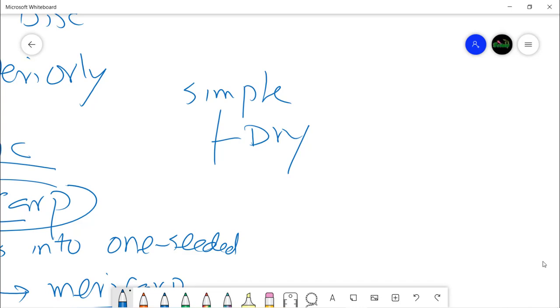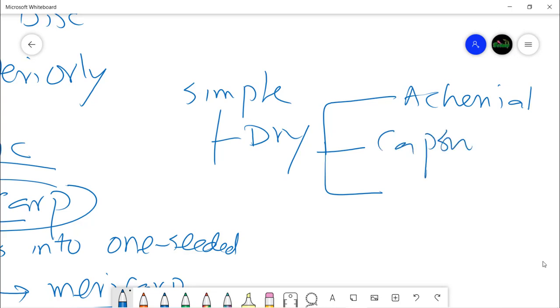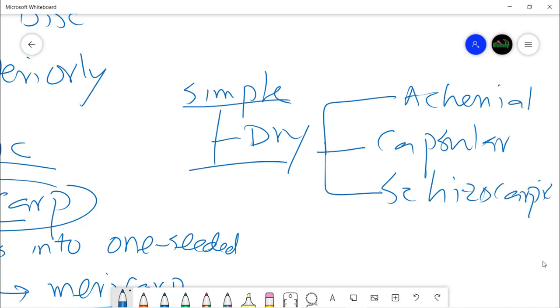So they are simple dry fruits, and those simple dry fruits have three subgroups: achenial, capsular and schizocarpic. So this is the third one of the simple and dry fruits.